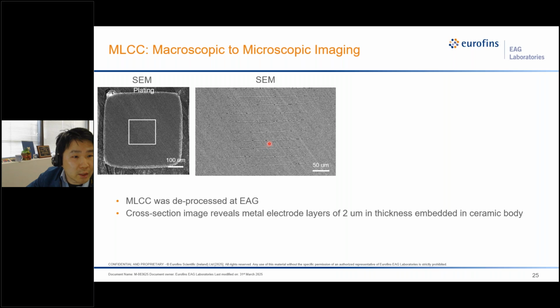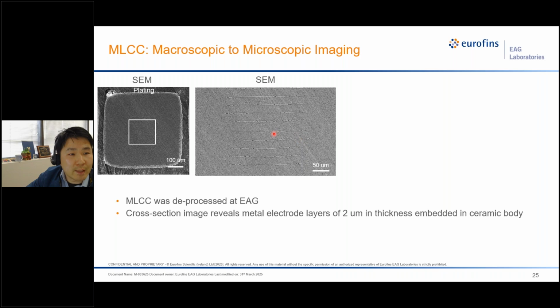It's not very clear, but you can see there are some black dots cutting or dividing the electrode. These black dots are actually a secondary phase of the ceramic in the body, often observed near the electrode.